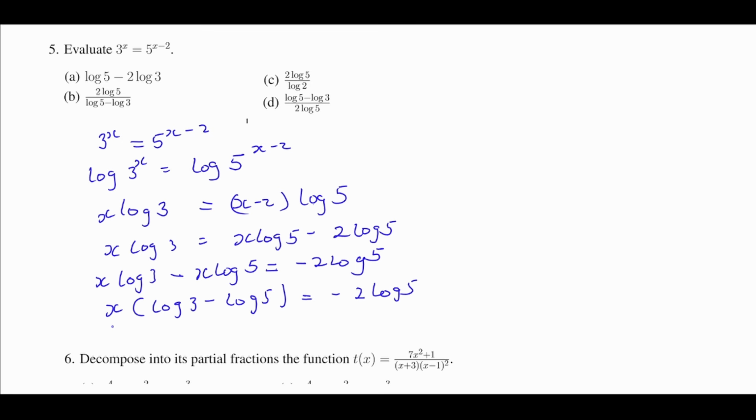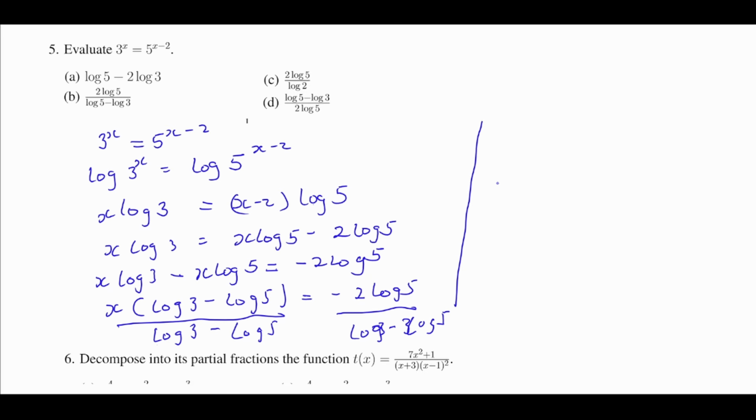I divide through by log 3 minus log 5, so I have log 3 minus log 5 over log 3 minus log 5, and this will cancel that, and I'll have x to be equal to negative 2 log 5 over log 3 minus log 5.